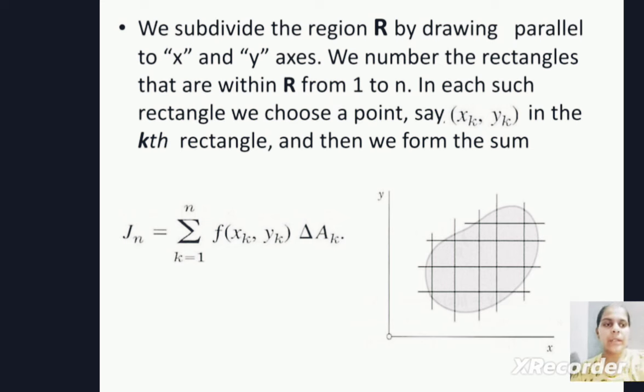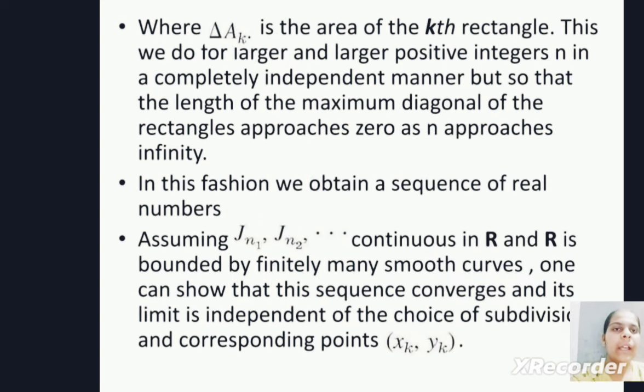Jn equals sigma k equals 1 to n f of xk comma yk delta Ak, where delta Ak is the area of the kth rectangle. This we do for larger and larger positive integers n in a completely independent manner, but so that the length of the maximum diagonal of the rectangles approaches 0 as n approaches infinity.